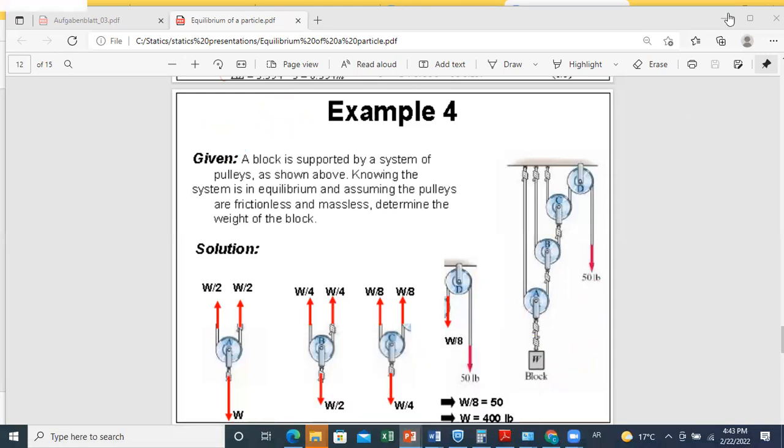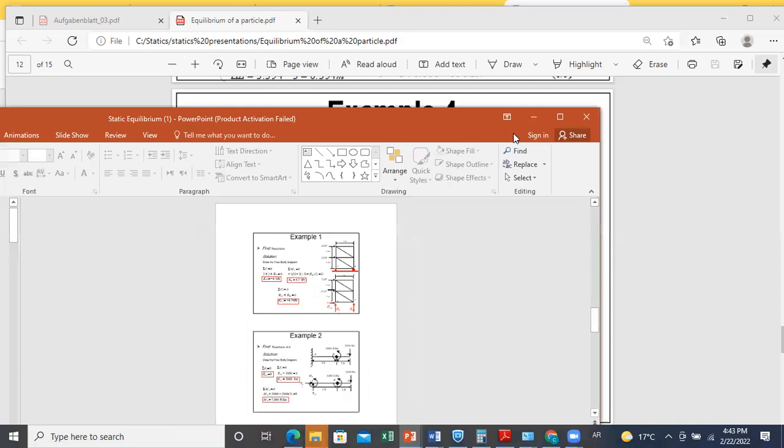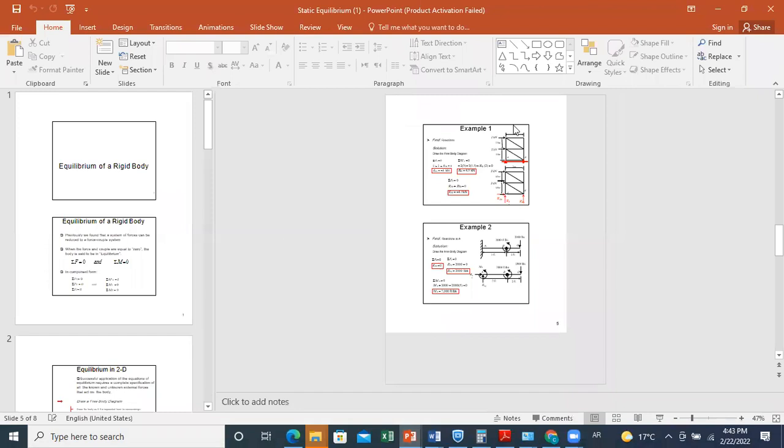Now we will work in 2D, sorry, but a rigid body, not a particle. Okay, so let me zoom it a little bit.